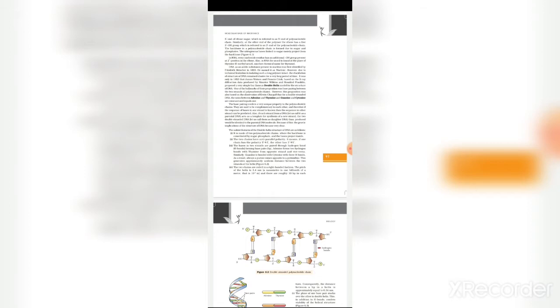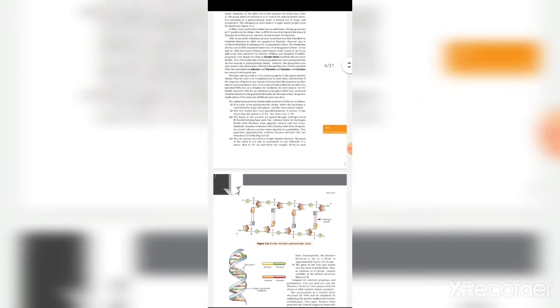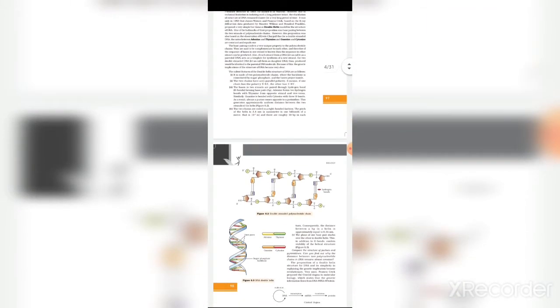So the two chains are coiled in a right-handed fashion, and there are about 10 base pairs in each turn, with a distance of 0.34 nm between two base pairs. The plane of one base pair always stacks over the other in the double helix, which, in addition to the H bond, provides stability to the helical structure. Now, this was all about the structure of DNA.